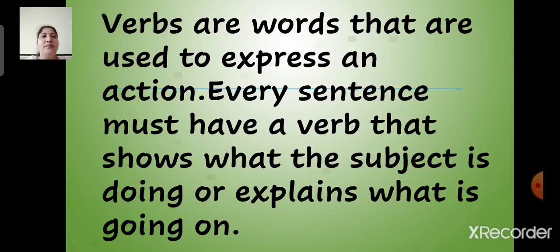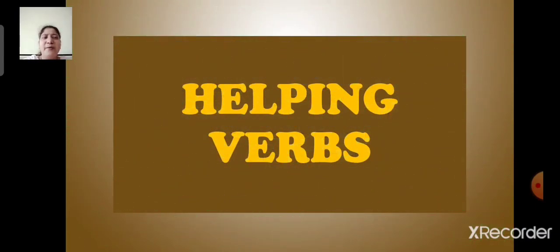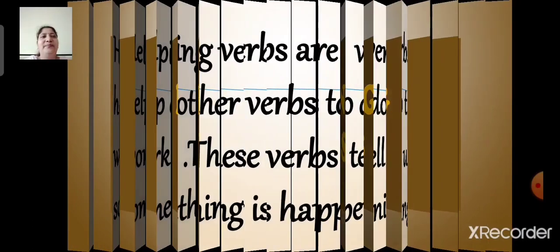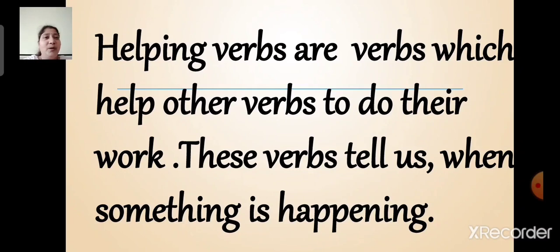Now, what are helping verbs? Helping verbs are verbs which help other verbs to do their work.